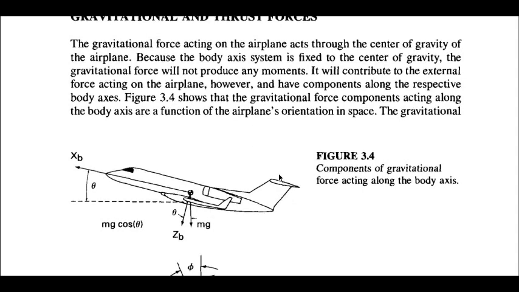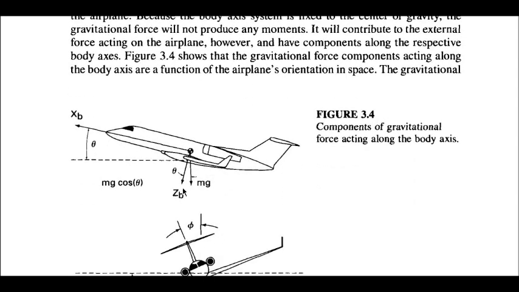When you pitch, there will be a change in the direction of the gravitational weight. If your pitch angle is 0 and the airplane is level, your weight is 100% in the body Z axis.